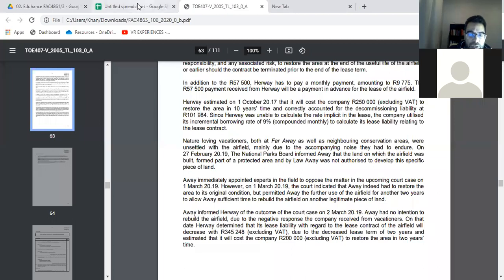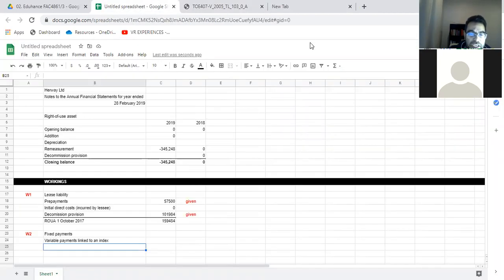Okay. Sorry, what was that? So it was a fixed payment, variable payment. The next item was amounts expected to be payable by the lessee under a guaranteed residual value. So this is the guaranteed residual value.